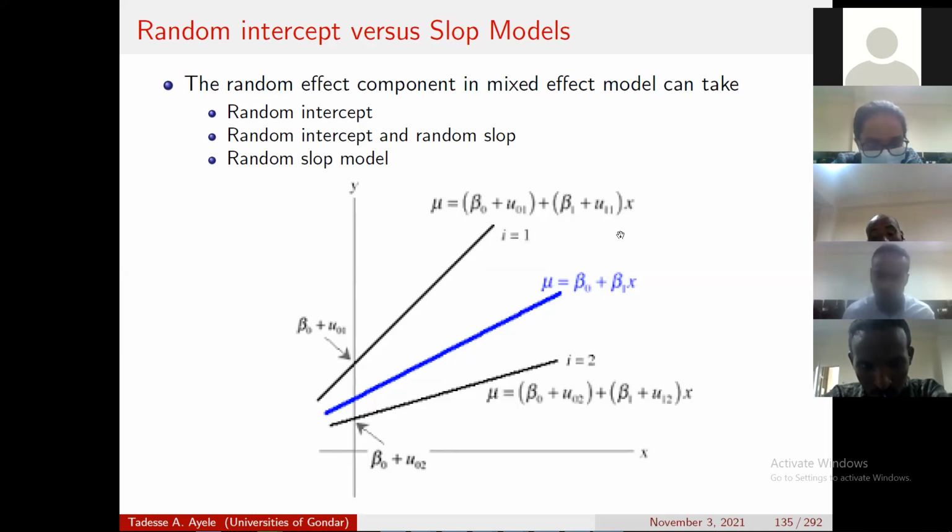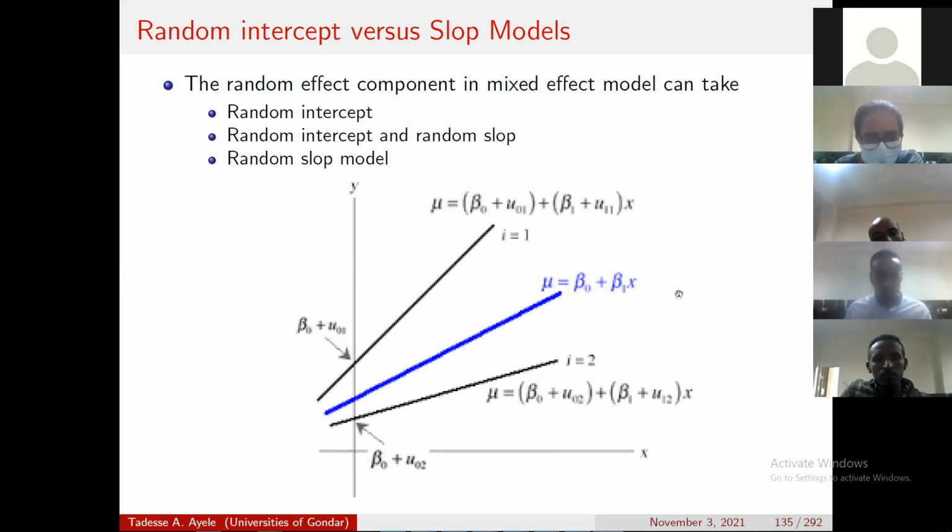When you add random slope and random intercept, the model deviates from the fixed effect regression model. So u naught 1 is the random intercept, u11 is the random slope. So when we fit the model, our model can be a random intercept model, or random intercept and random slope, or only a random slope model.